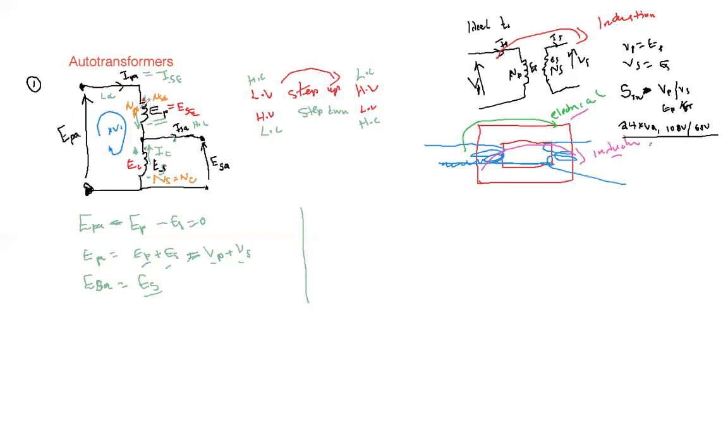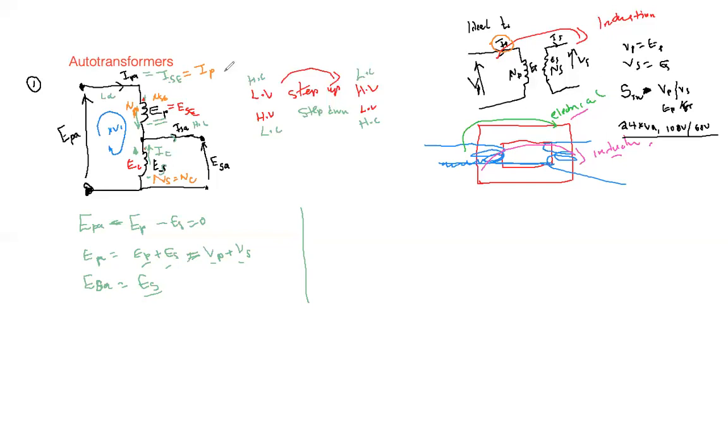Now I'll go back to the two winding transformer and ask myself, what is the current flowing in the primary winding? That current is called IP. So this current should also be the same current flowing in the same winding. So that means that in this winding here, IPA, where we said we also have ISE flowing, is also equal to IP from the two winding transformer.